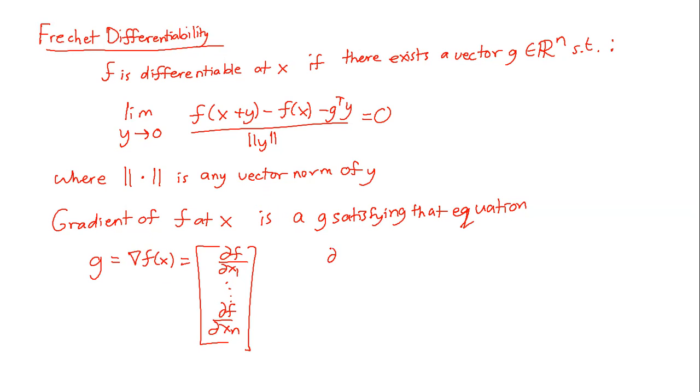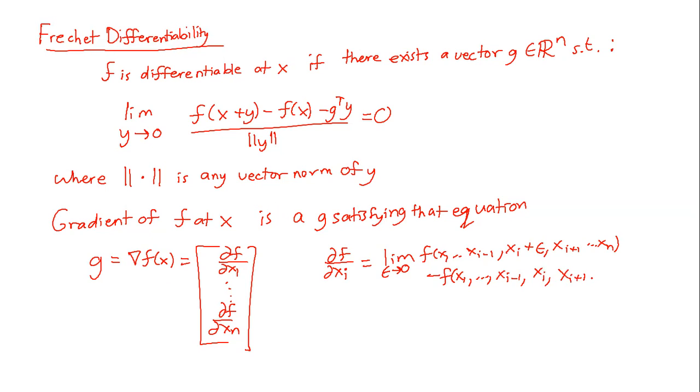The way we define those is df over dxi equals the limit as epsilon goes to 0 of f of x1 dot dot dot xi minus 1, xi plus epsilon, xi plus 1 dot dot dot xn, minus f of x1 dot dot dot xi minus 1, xi, xi plus 1 dot dot dot xn.